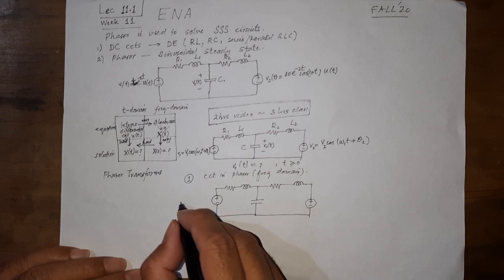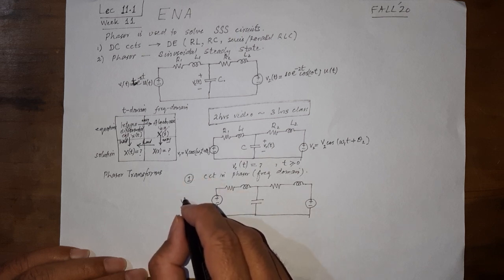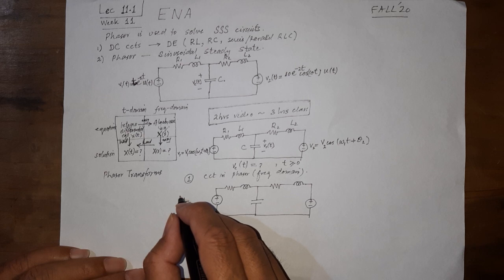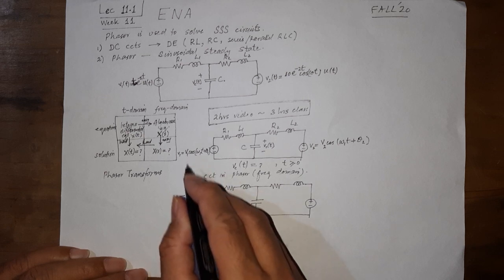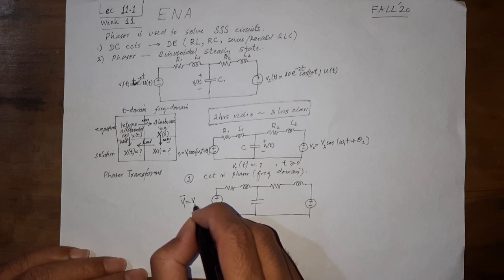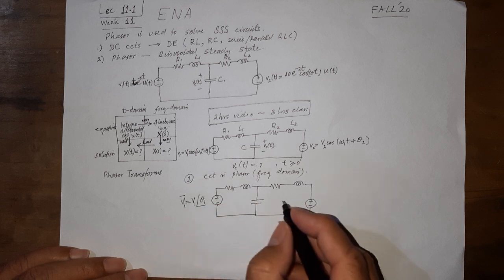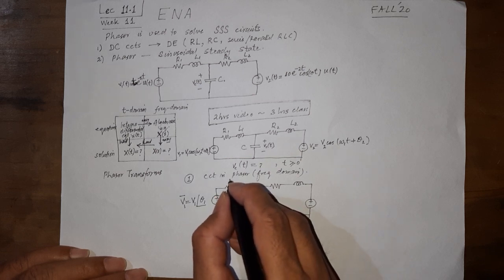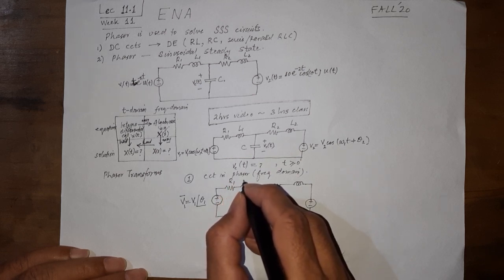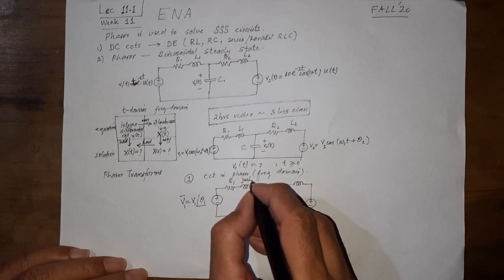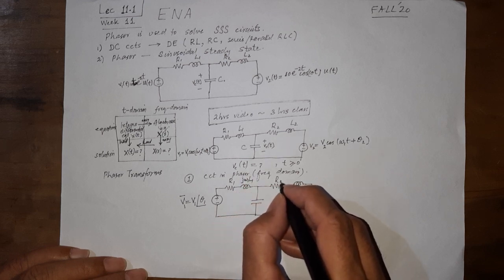So this V1, small v1, will become capital V1 now, and we put a bar here to signify that this is a phasor quantity and this V1 is a value. So V1 and a complex number with theta 1 as the angle, R1 remains R1. L1 converts to j omega 1 L1. R2 remains R2.